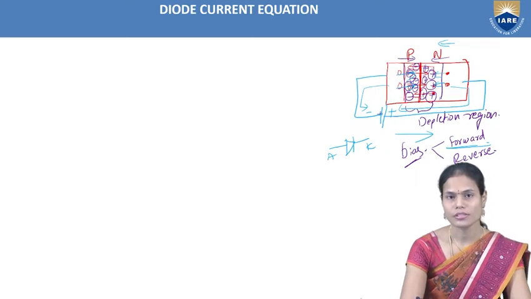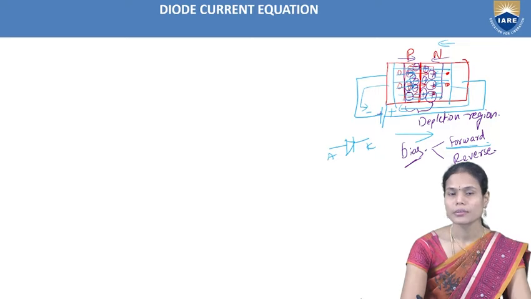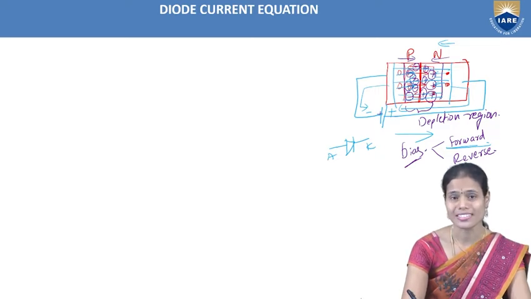Because of this, the majority charge carriers present in the P type of material as well as the N type of material move away from the junction. So the depletion region width increases still more in this reverse bias condition. Once the depletion region width increases, the movement of charge carriers decreases.